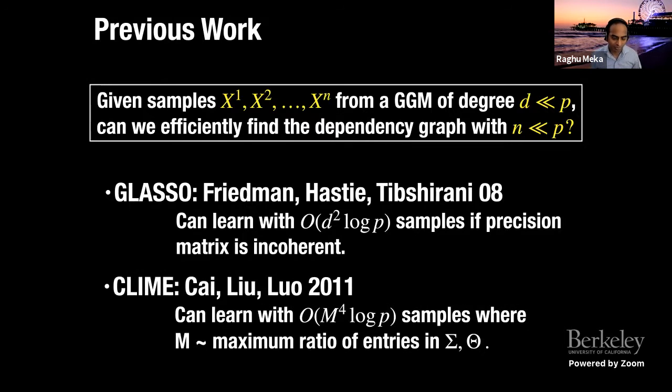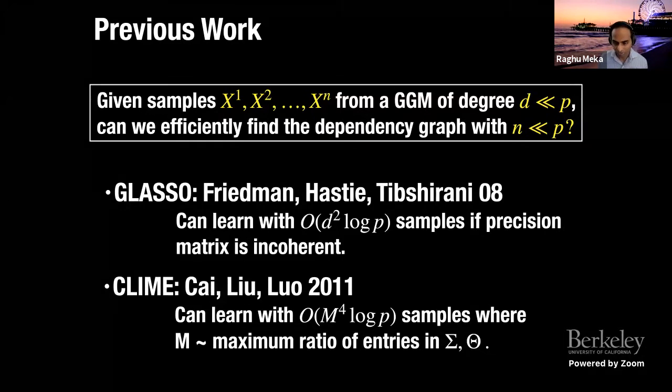Similarly, there's this algorithm called Clime, by Cai, Liu, and Luo from 2011. They have a guarantee that gets, again, logarithmic dependence on the dimension, but then they have a dependence on the maximum ratio of the entries in the covariance with respect to the precision matrix. So if I normalize the diagonal entries of the precision matrix to be 1, how big is an entry in your covariance matrix?